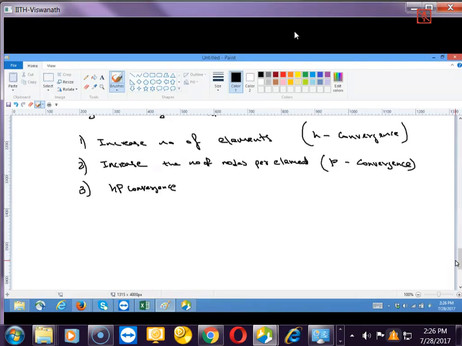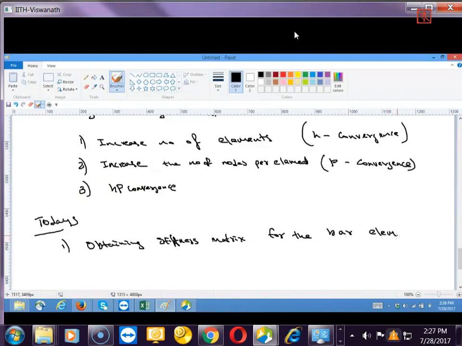I want to re-summarize the entire unit 2 using two things today. The first one is, as I promised, today's class what I will discuss is obtaining stiffness matrix for the bar element. This is one thing.